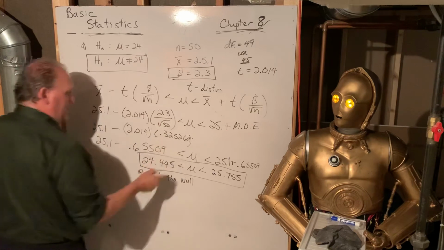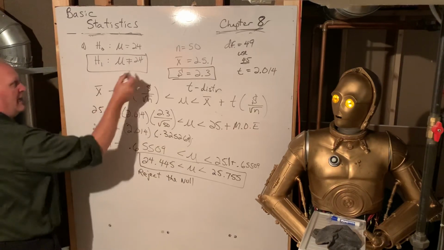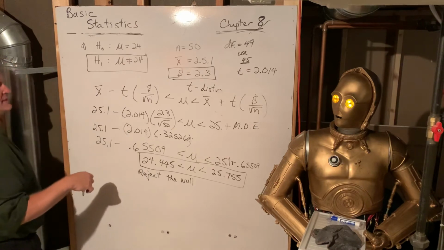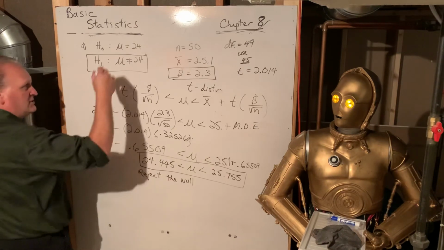And then we would make our conclusion that there is enough evidence to conclude the average age of marriage is not 24.